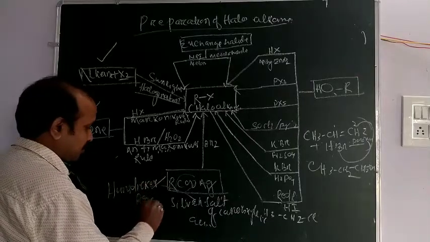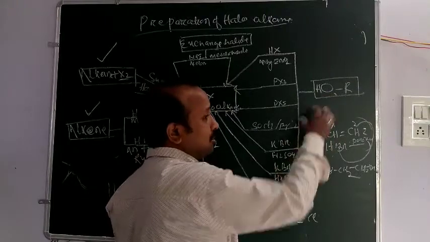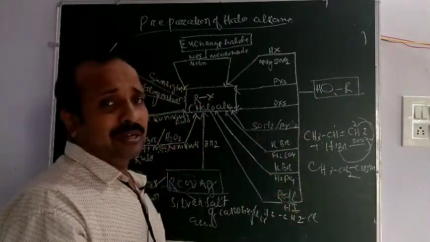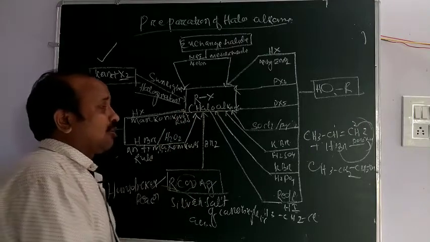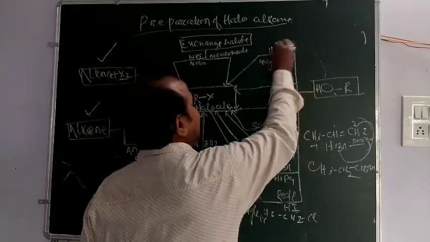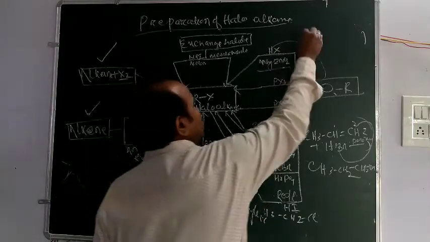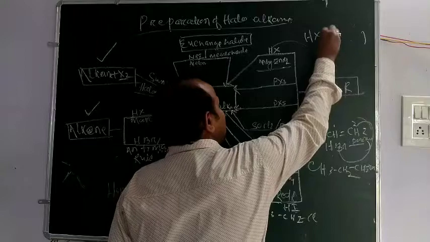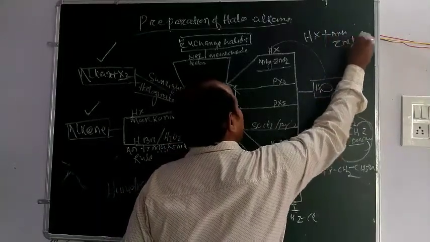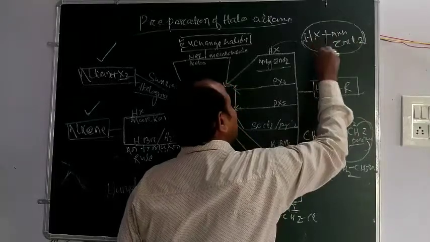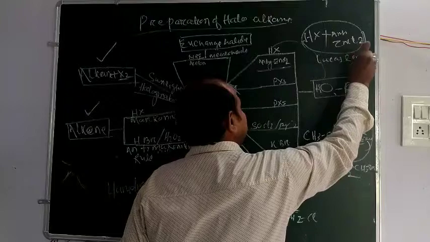And the most important is the preparation from alcohol, because there are different ways to prepare haloalkane from alcohol. First, react with hydrogen halide in the presence of anhydrous ZnCl2. The mixture of hydrogen halide and anhydrous ZnCl2 is called Lucas reagent.